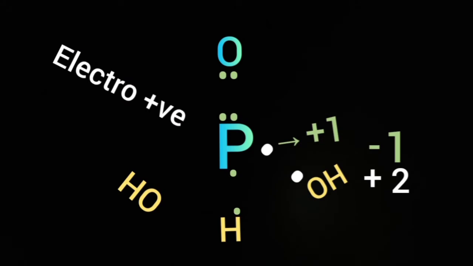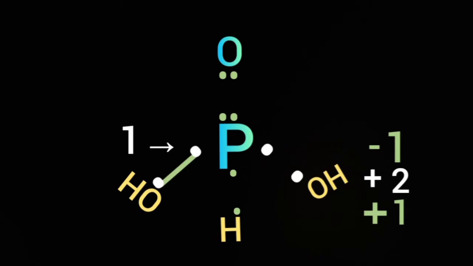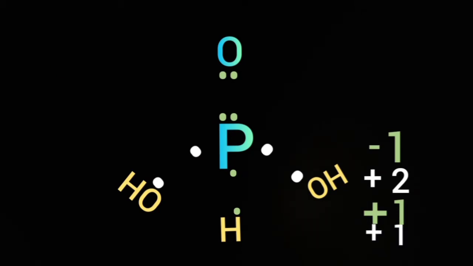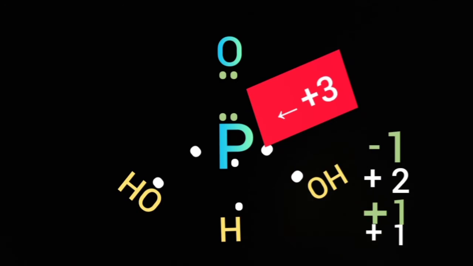In case of this POH bond, +1 will be written because P contributed 1 electron to form a single bond with O, and P is electropositive, so the positive sign is taken. By adding -1, +2, +1, +1 algebraically, you will find +3. That is the oxidation number of central phosphorus in H3PO3.